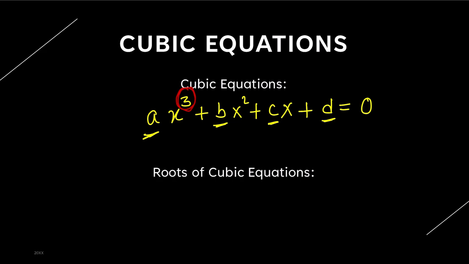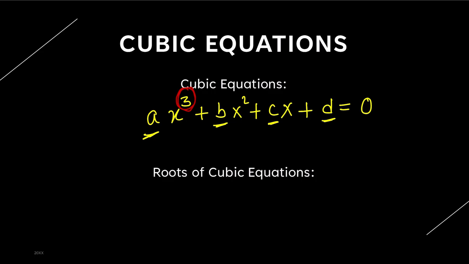Now, if you remember, I told you that in a linear equation the power is 1, there is only one root, one value of x. In quadratic equation, we had two values of x. If you recall, alpha and beta, we calculated two roots, minus b plus root d upon 2a and minus b minus root d upon 2a.